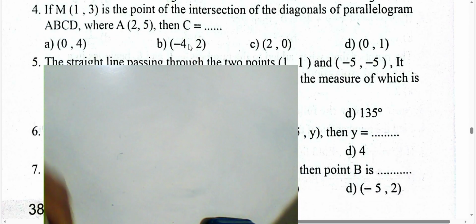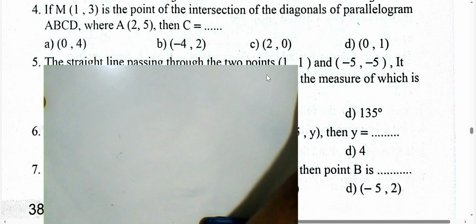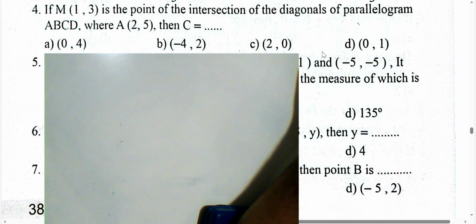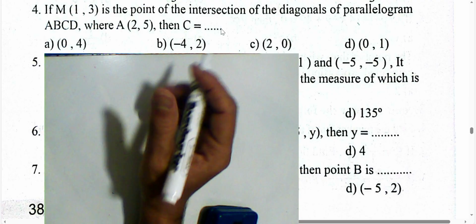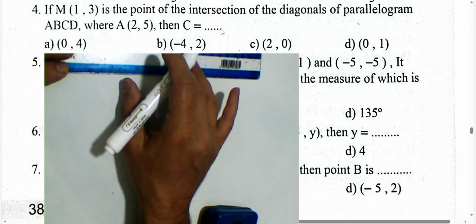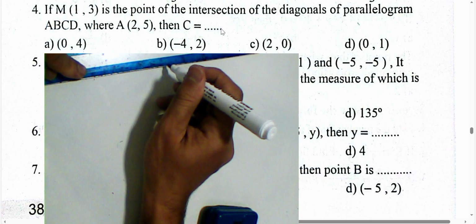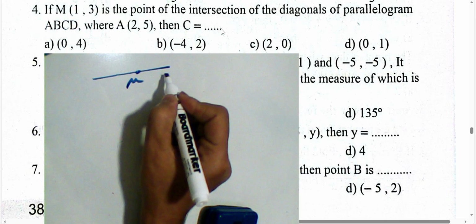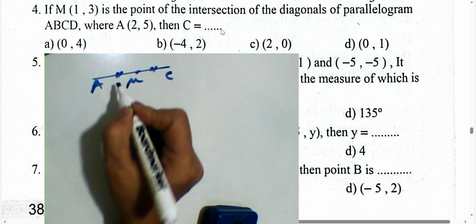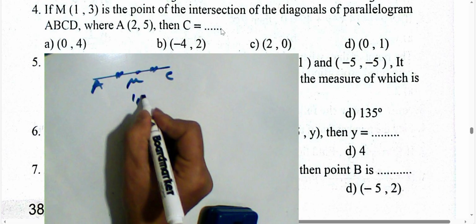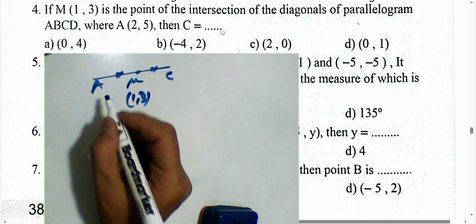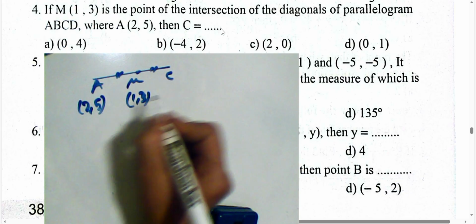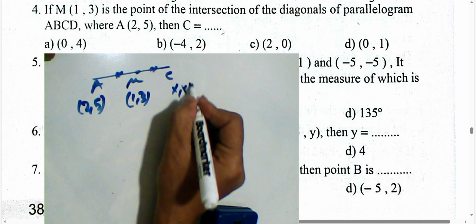If the midpoint of the intersection of the diagonals of a parallelogram... we have (2, 5). We know that in a parallelogram, the two diagonals bisect each other. Then we know M is the midpoint between A and C. Point M was (1, 3), A is the point (2, 5), and point C equals (X, Y).